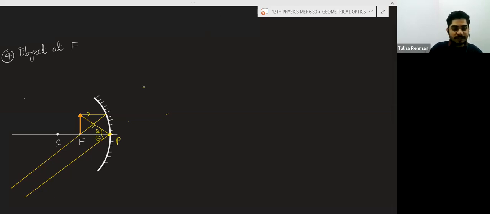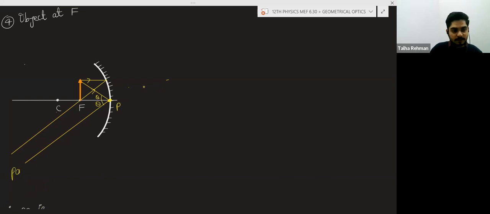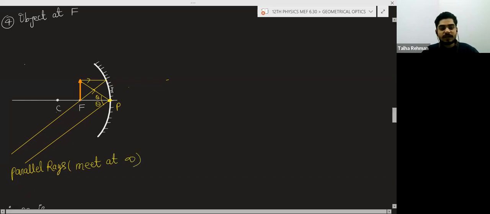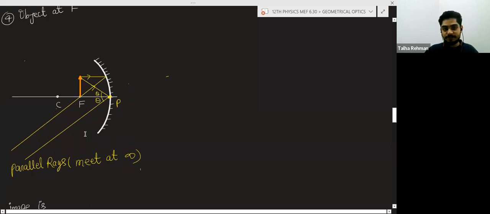So now you can see these rays are parallel rays, and parallel rays meet at infinity. So basically here you can see image will be real, image will be inverted, and the size of the image is very large as compared to the object, and image is formed at infinity.